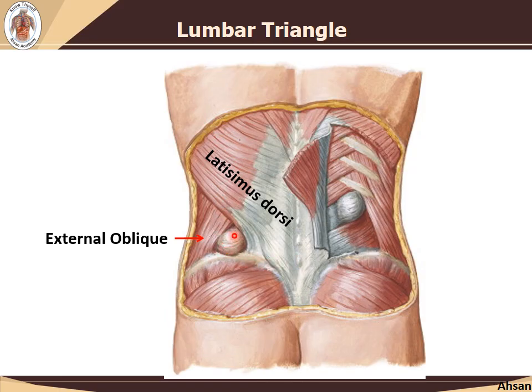So this triangular area is a relatively weaker area, and in older age an organ may push through it. There is a possibility of hernia. This is known as lumbar hernia. The lumbar triangle is bounded supramedially by the latissimus dorsi, supralaterally by the external oblique, and the iliac crest is the base.